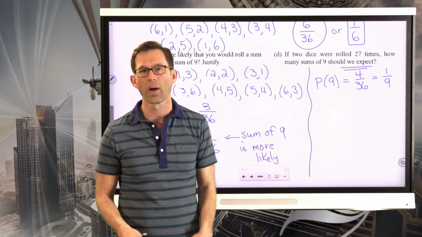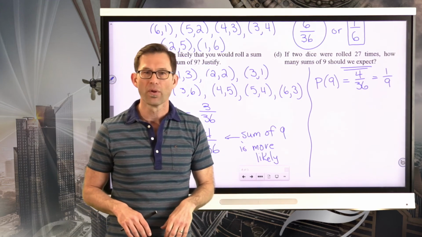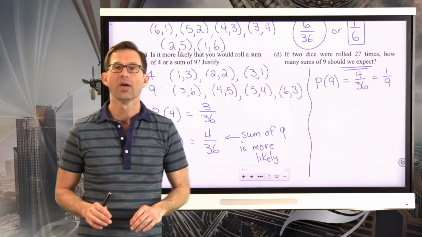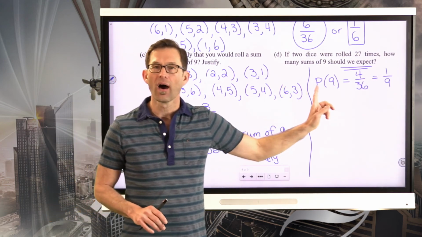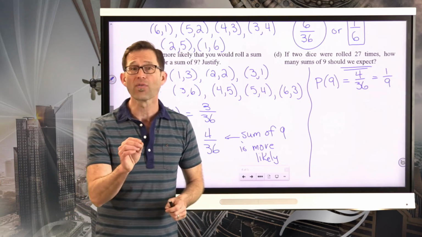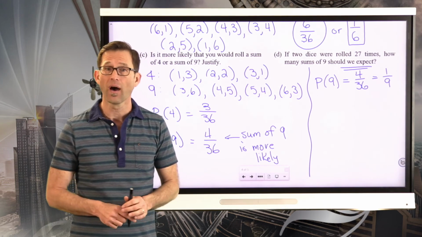Please don't think that the probability of rolling a sum of 7 is 1/7, and the probability of rolling a 2 is 1/2. We know that's not the case, right? So the probability of rolling a 9 is 1/9, which means 1/9 of all the times that we roll, we would expect a sum of 9.